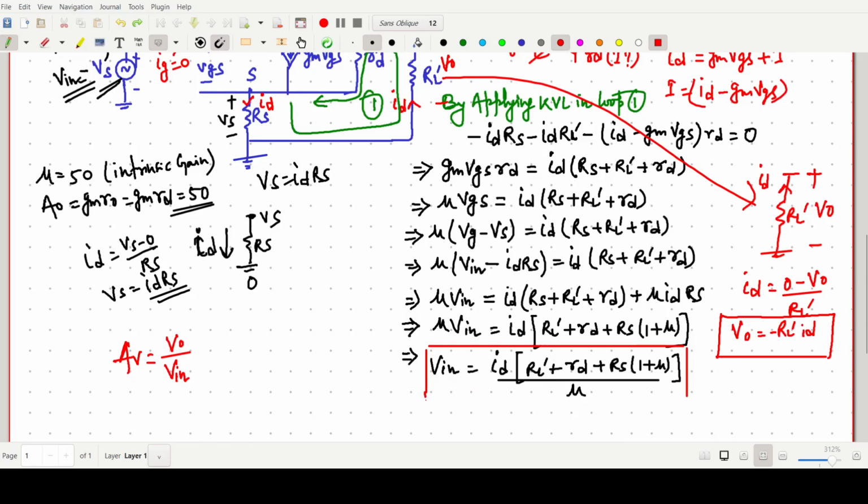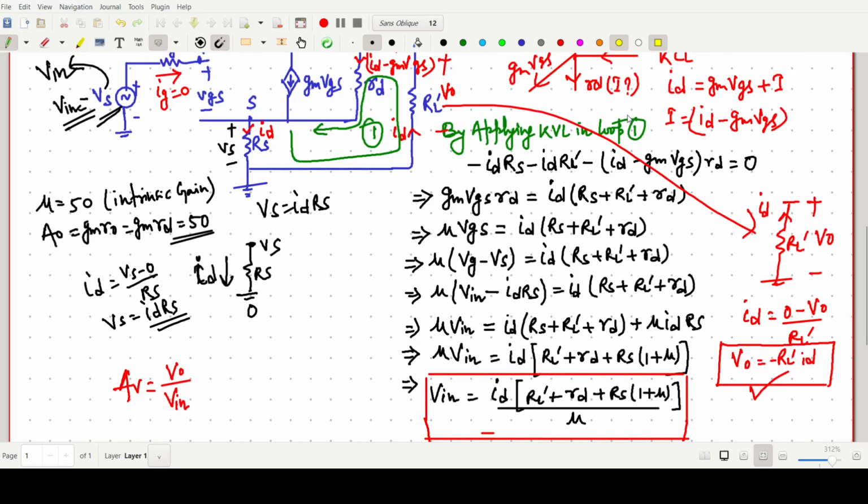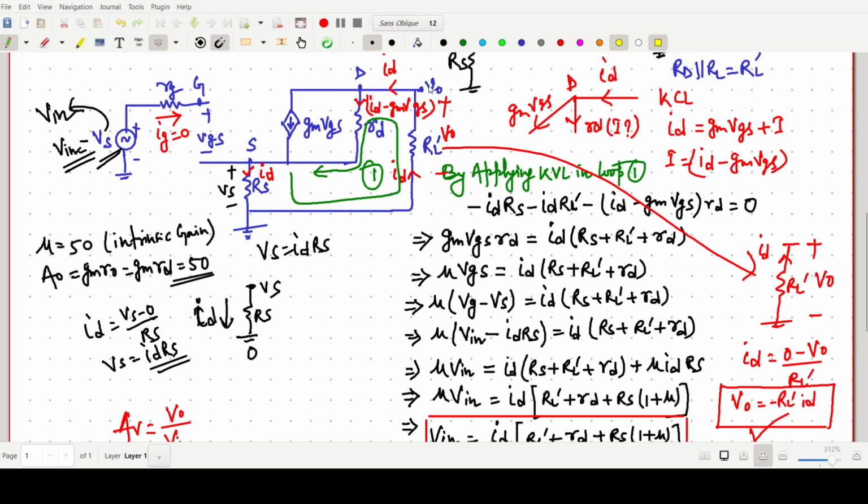This is the value of V in and V naught. This V naught is very simple. What we are doing, once again I am repeating: we have to find this V naught, so we think about this current.